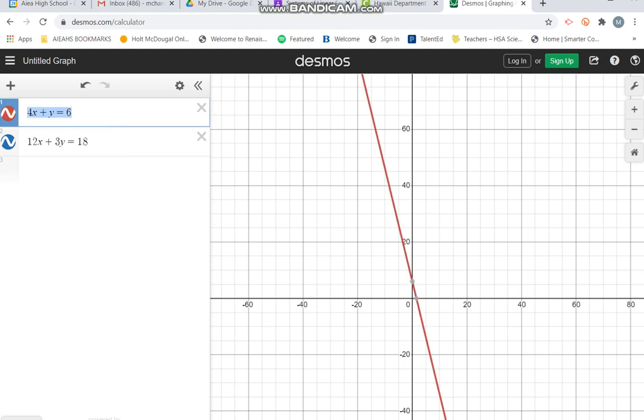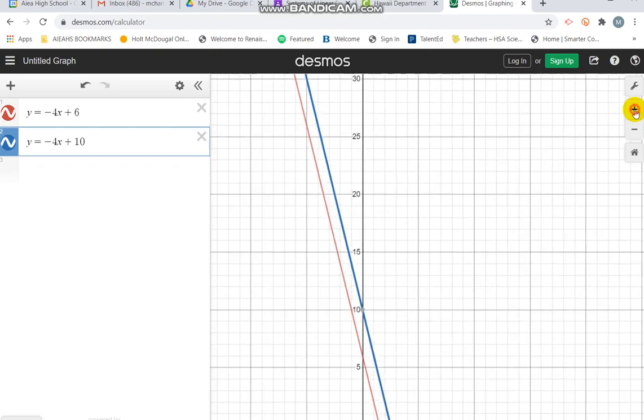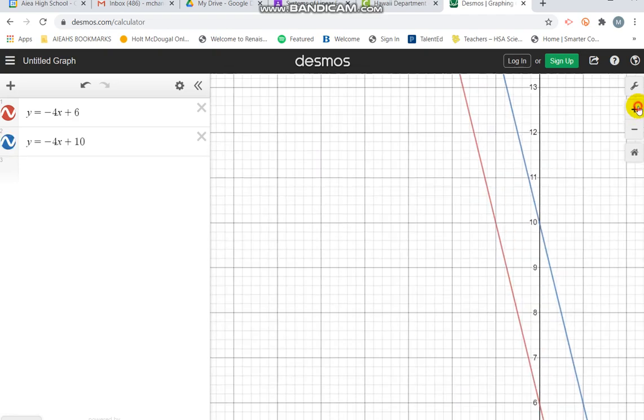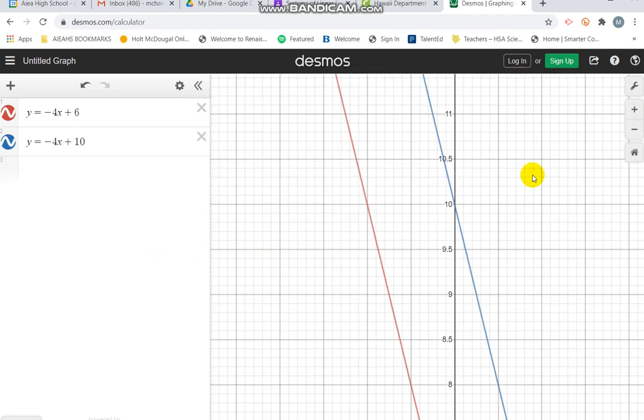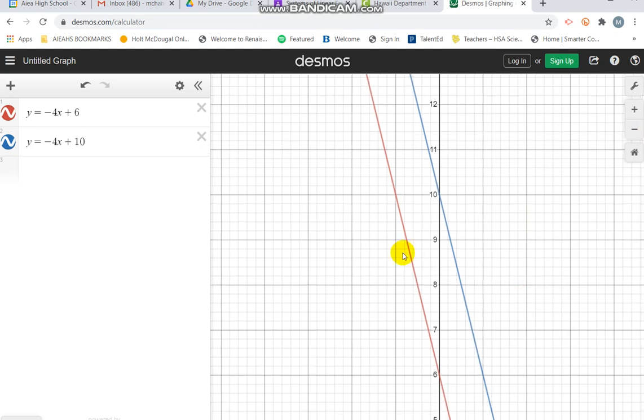Okay, let's say I give another one. y equals negative 4x plus 6, and I give you something like y equals negative 4x plus 10. Okay, so now let's zoom in to here. If you don't remember what this is called, these are called parallel lines.